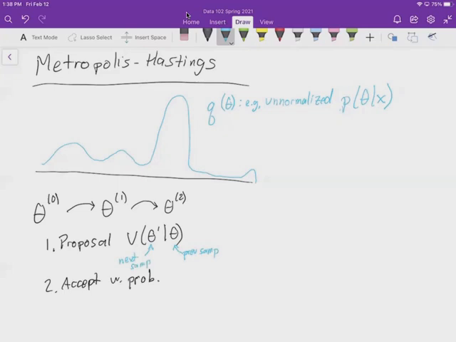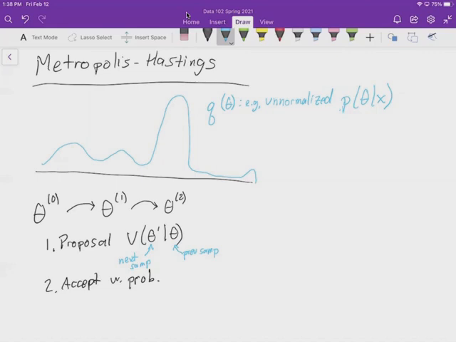So if I'm at theta equals 3, then this is a distribution that says, okay, maybe randomly pick something uniformly between, I don't know, 2 and 4, or maybe have a normal distribution centered at 3 and draw a sample from there. So this proposal usually should be something that's pretty easy to generate samples from. It should be something that helps you move around and generate samples well enough. We'll talk a little more about that later. But this is some distribution that we can draw samples from. This is something that we can say, okay, here's the next sample that you might get.